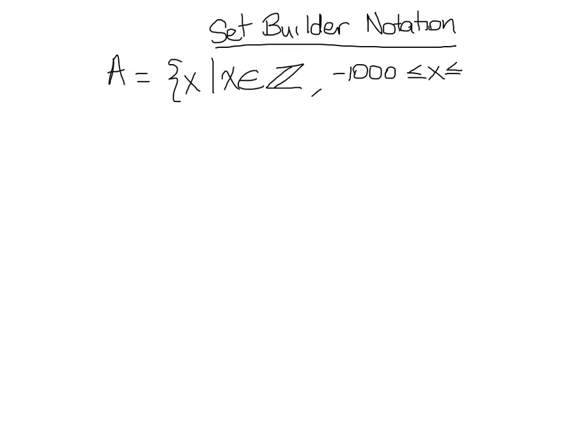Now, what I'm writing down looks like a lot of stuff. It looks really hard, but it's not. It's not crazy. It's not hard. You've already learned what integers are, and you've already learned what this symbol right here means. So that means is a member or an element of.